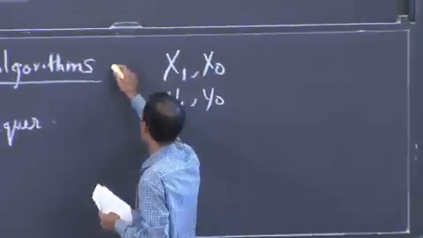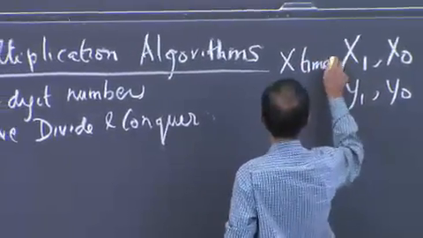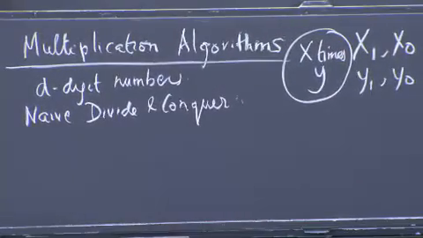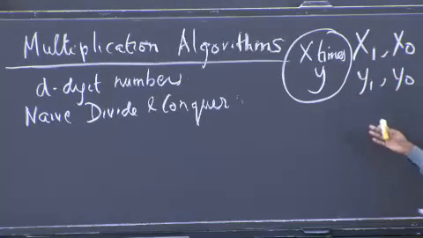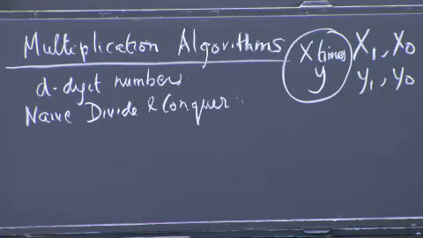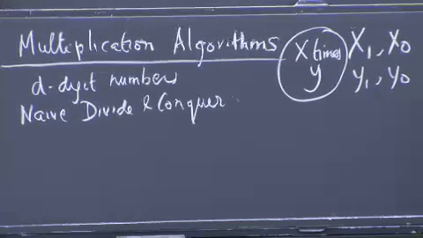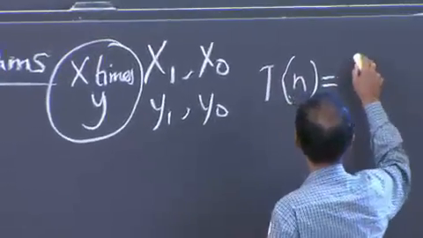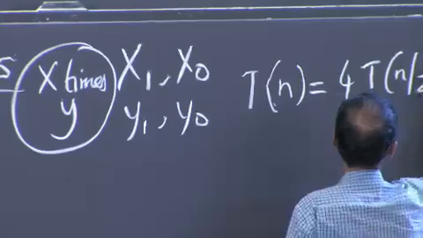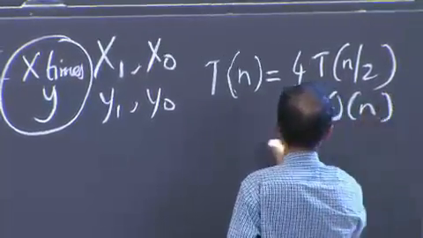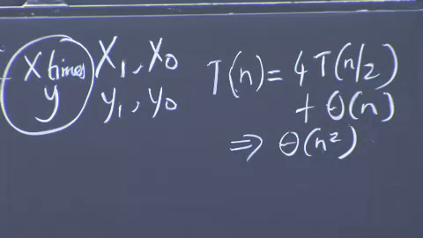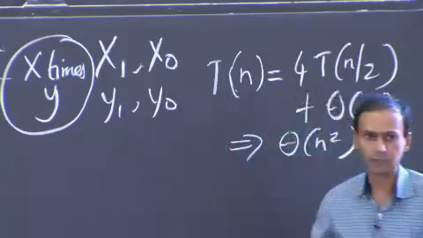You're trying to multiply x times y. And same thing for y1 and y0. So each of these will have d by 2 digits of precision. And if you implement the naive algorithm, that looks like T(n) equals 4T(n/2) plus theta n, you end up with theta n squared complexity.